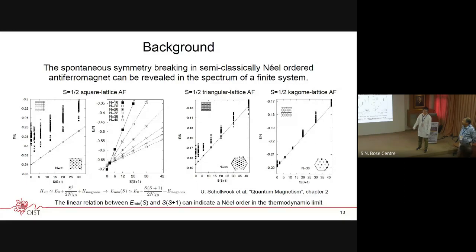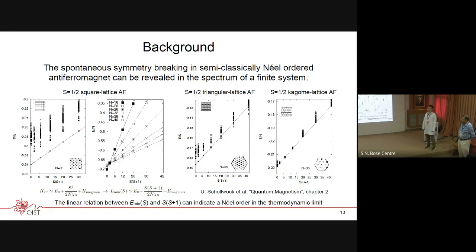You said this may be due to an emergent spin liquid. So I think you argued that for S equal to one-half on the triangular lattice, you have a 120-degree ordered phase, and for the kagome lattice, it doesn't order, so it's like a spin liquid. The nature is controversial for the kagome system.